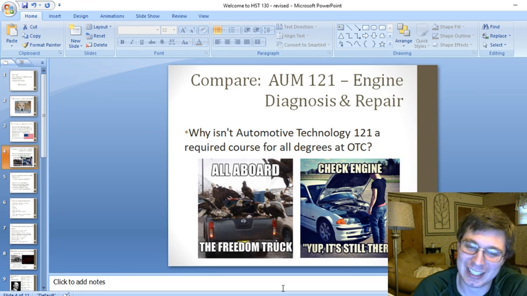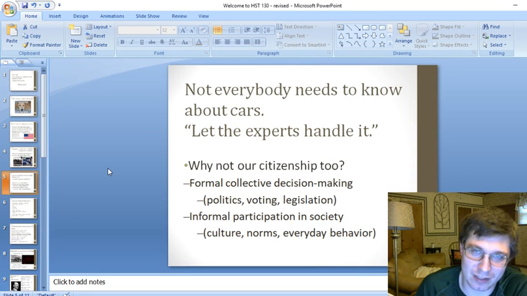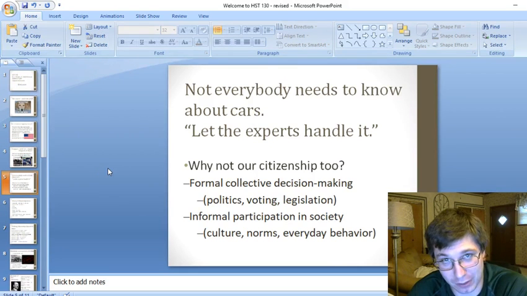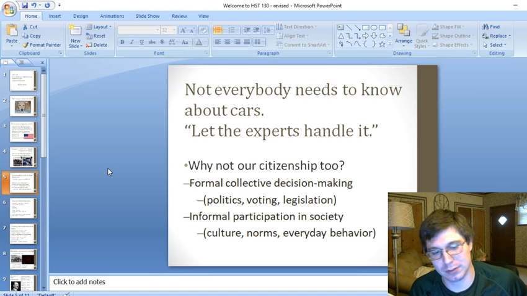So, why not encourage or force every student to learn about this? I think a big difference is our society and OTC has the opinion that not everybody needs to know about cars, that we can specialize and hand this problem off to experts in that field.